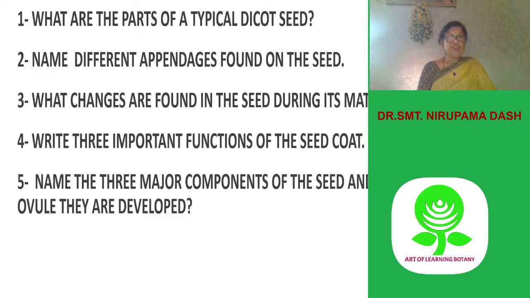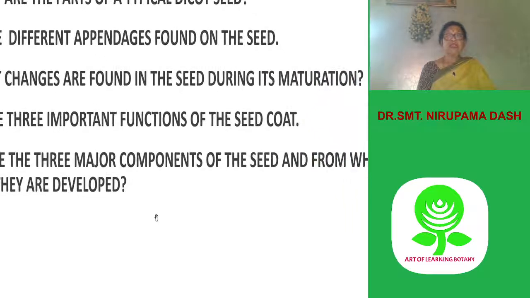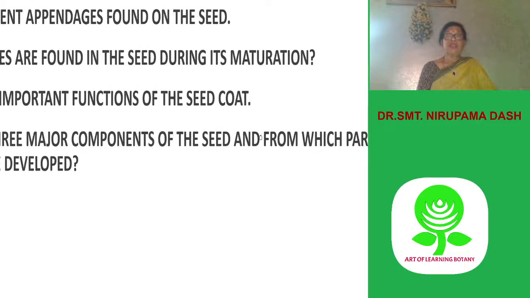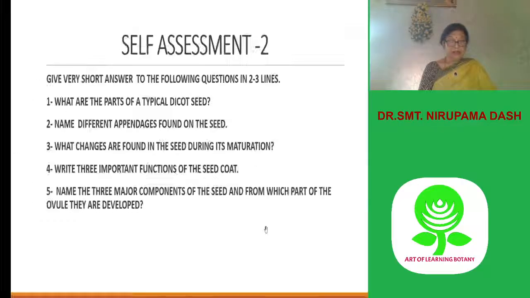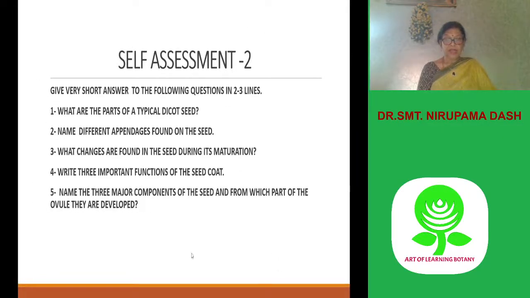Then fifth question, name three major components of seed and from which part of the ovule they develop. The major components of seeds are embryo, endosperm, and seed coat. Embryo develops from the zygote, endosperm from the primary endosperm nucleus, and seed coat develops from the integument of the ovule. So these are today's discussion.